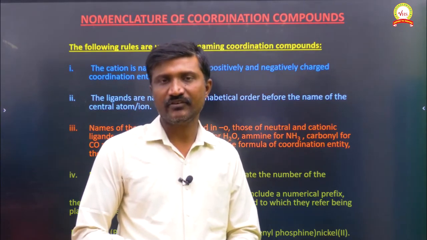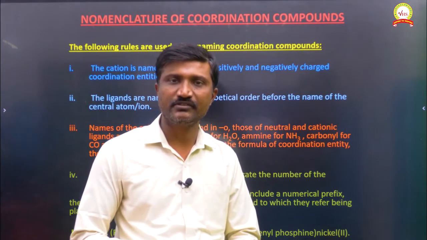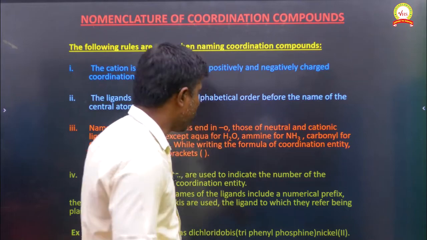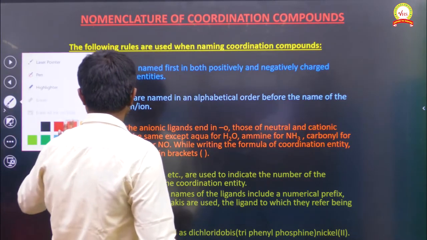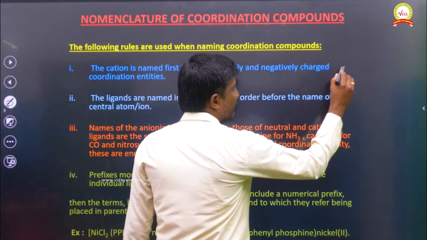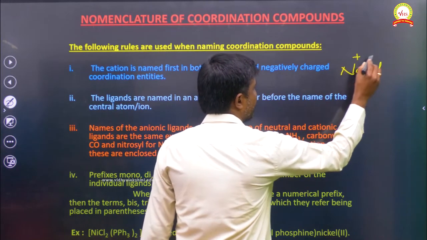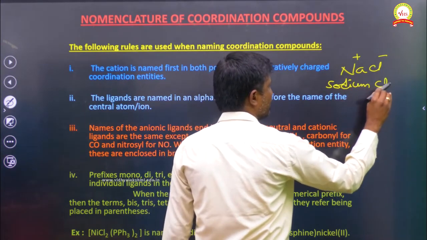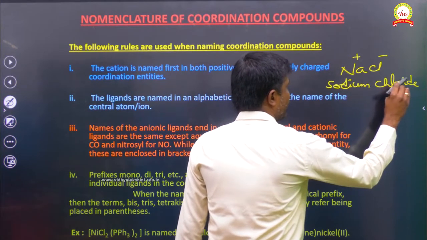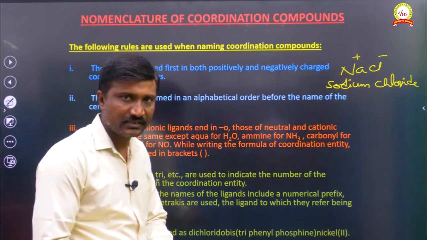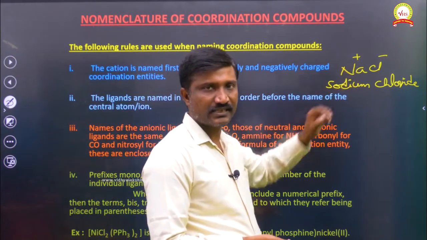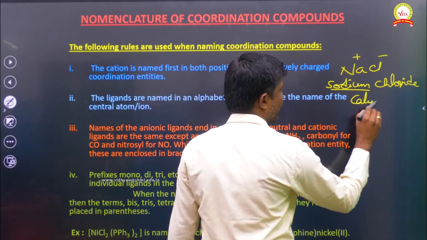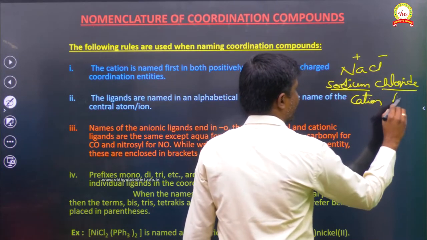For example, NaCl is a simple salt. How do we name it? Sodium chloride. In this NaCl, Na+ and Cl- are there, so the name is sodium chloride. Which name do we write first? The cation name, sodium, first, and after that the anion name.